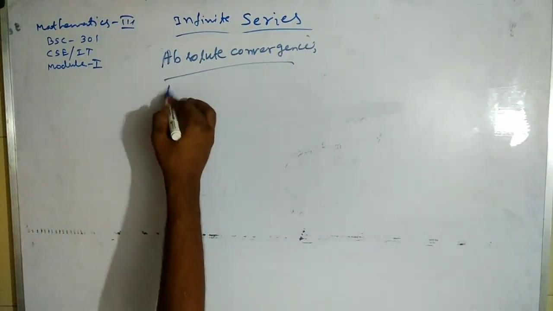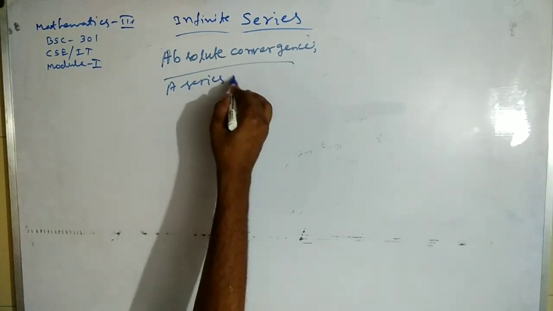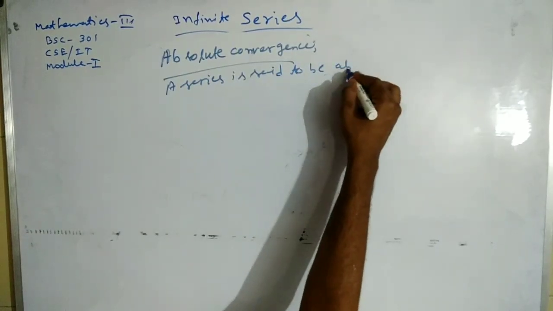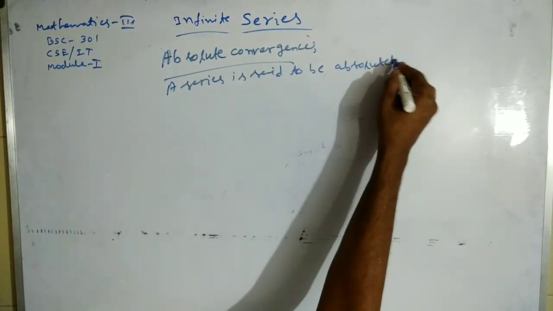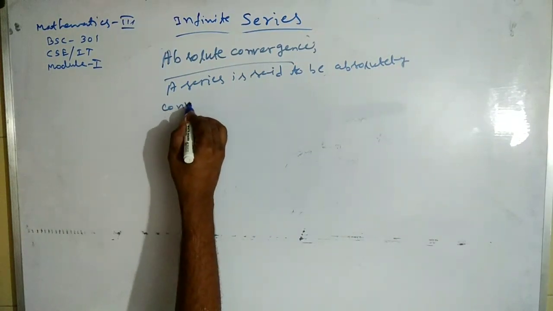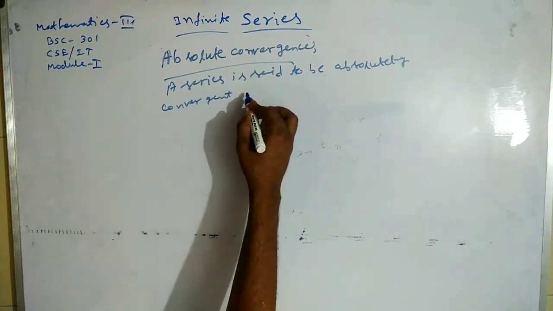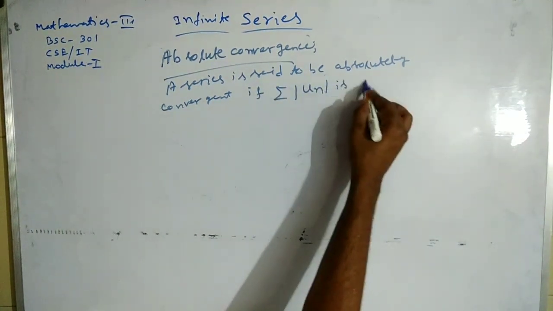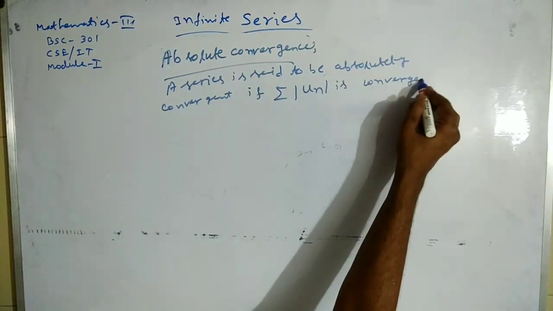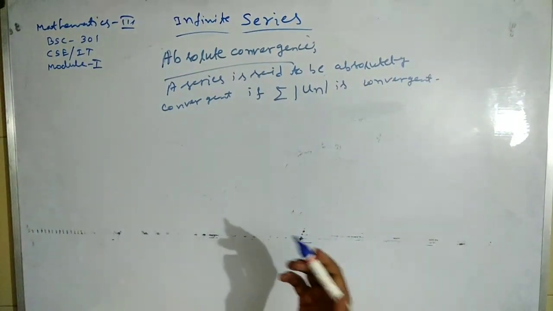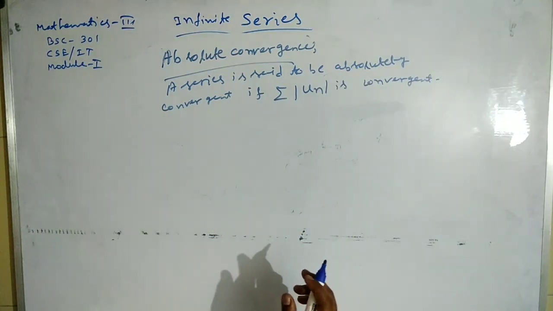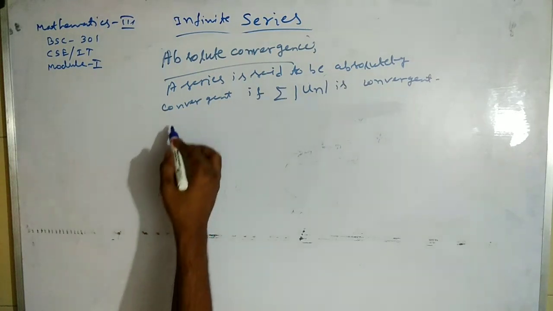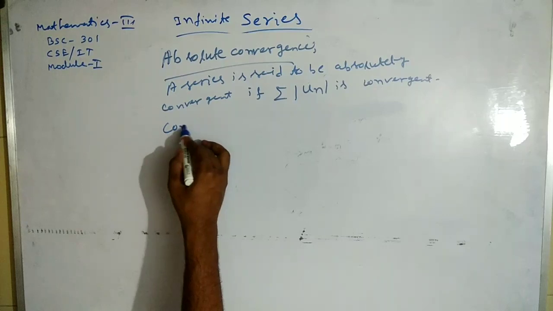A series is said to be absolutely convergent if summation of mod un is convergent. That is, after taking the modulus of all the terms, if the series is convergent, then the series is said to be absolutely convergent.